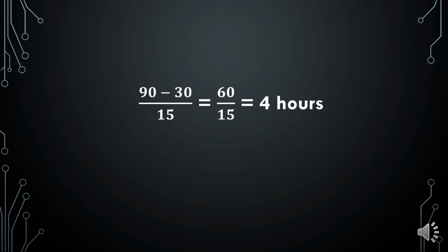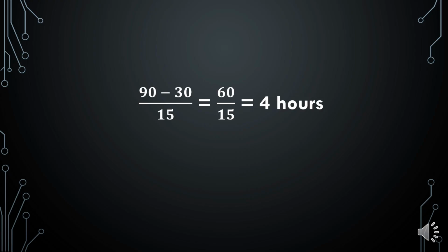We are left with 60 degrees. We divide the 60 degrees by 15 simply because 15 degrees is equal to 1 hour. Therefore, our difference in time between 90 degrees west and 30 degrees west is approximately 4 hours.